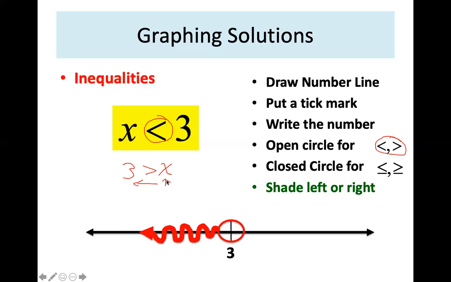And in this case, we're going to read it from right to left. And now it says x is, well, here's the small part of the inequality. x is smaller than 3. The answers that are smaller than 3 live to the left of 3 on the number line. So the two keys here, open or closed circle is the key, and the shading is the key. The rest is pretty easy.